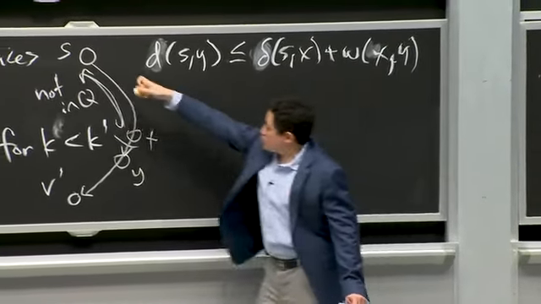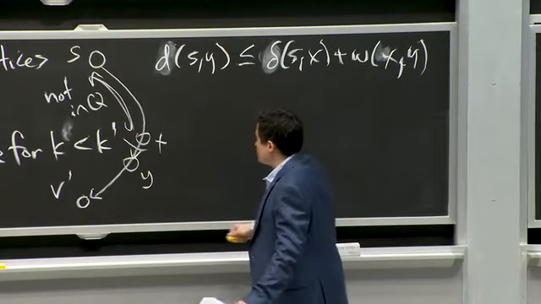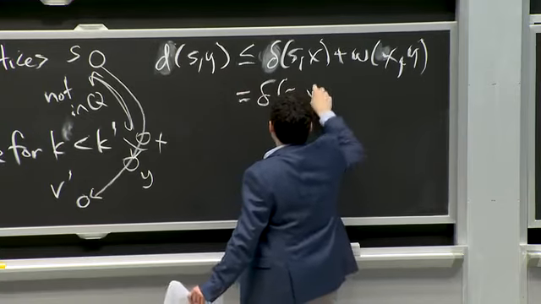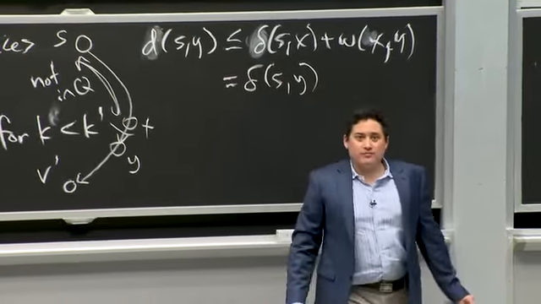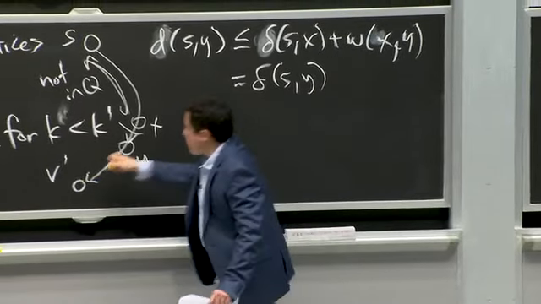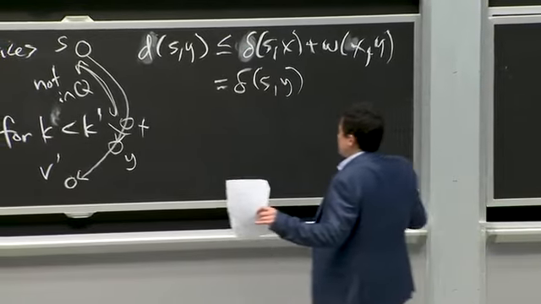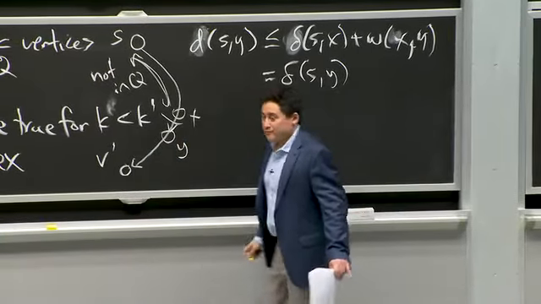But this is on the shortest path to Y, right? Because subpaths of shortest paths are shortest paths. So this has to equal d(S,Y), the distance to Y. So actually, Y is all good here, right? And so if V prime were Y, we'd be done, right? That's the same argument as DAG relaxation. But we need to prove something about V prime.